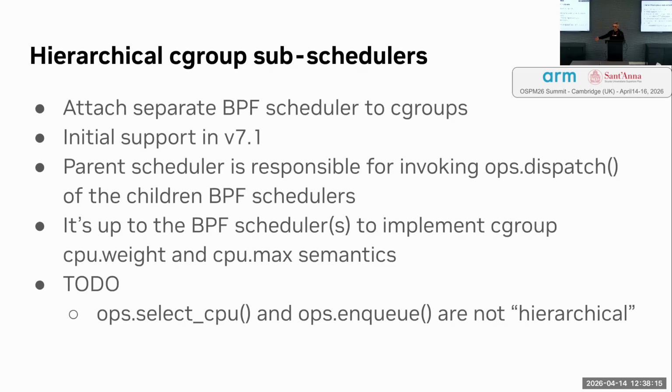You have another container that is more CPU intensive, and then you run, I don't know, SCX Cosmos or any other scheduler. And then in a cloud or virtualized environment, you can have multiple BPF schedulers for each cgroup. Something that is happening. We're still working on that. It's not 100% complete.